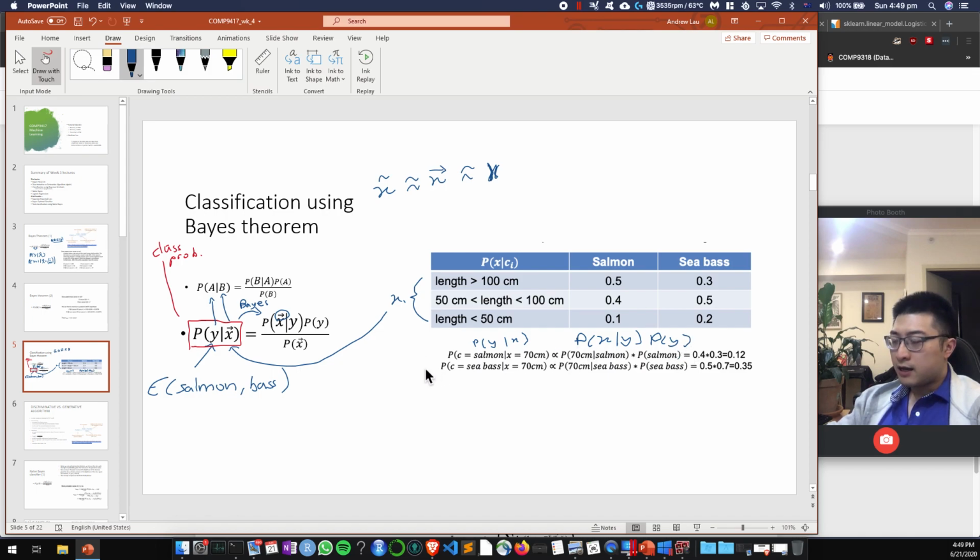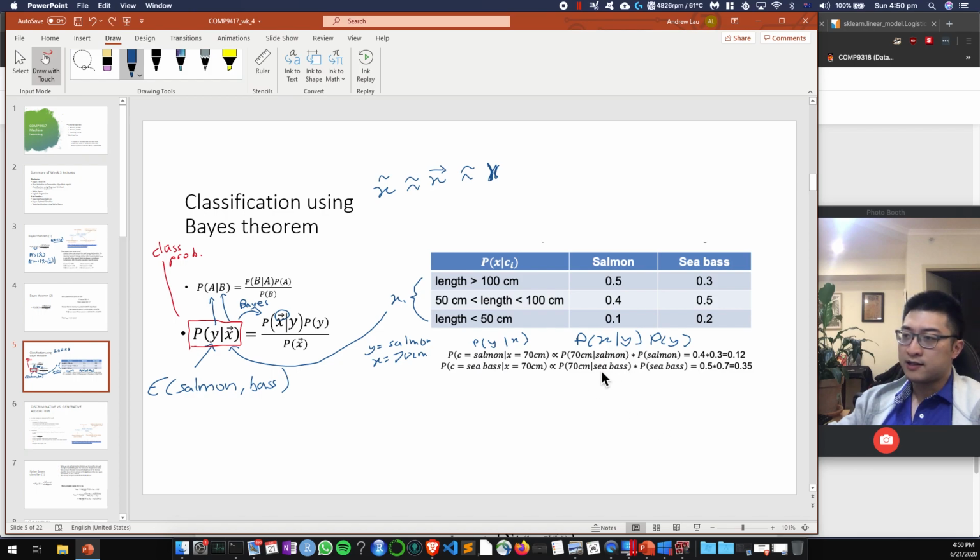Now, of course, in the first case here, y is equal to salmon, and x is equal to 70 centimeters. And we just plug it into the formula, and when I say plug in, there's a small detail here. What is the probability of x being 70 given it's salmon? We don't actually know the true probability, so this is an estimate.